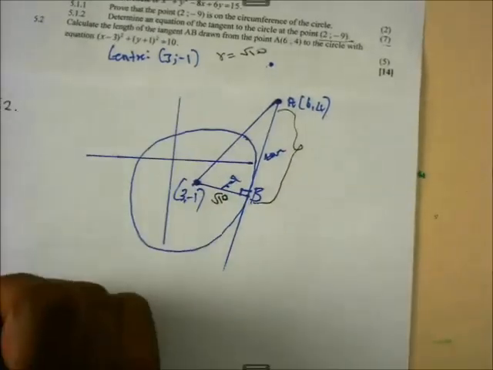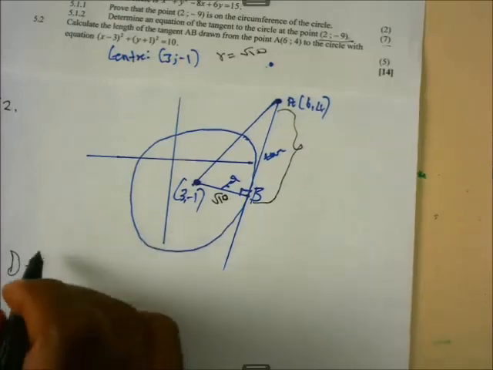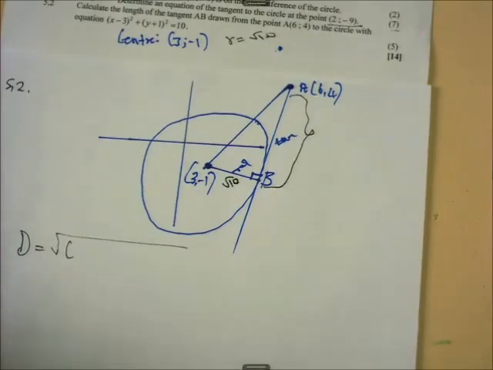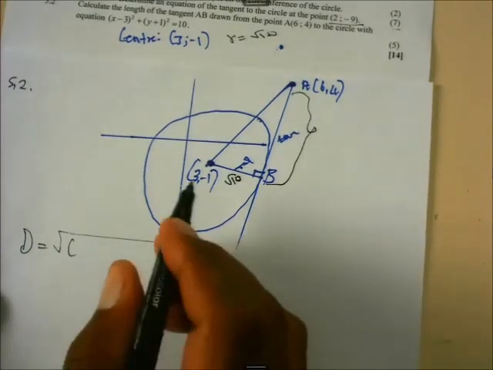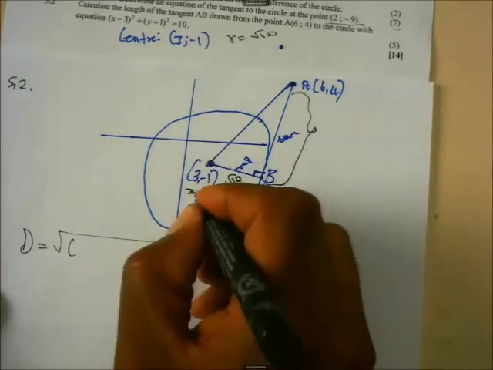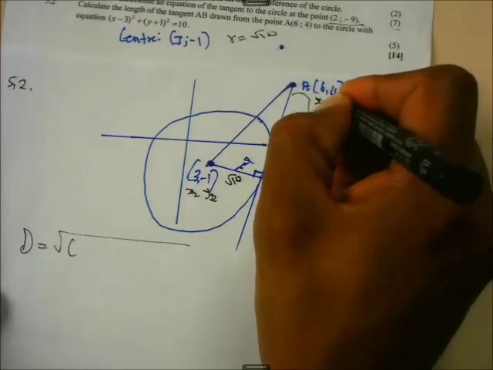Then I can use the distance formula to say the distance between the 2 points is the square root of x2 minus x1, and y2 minus y1.